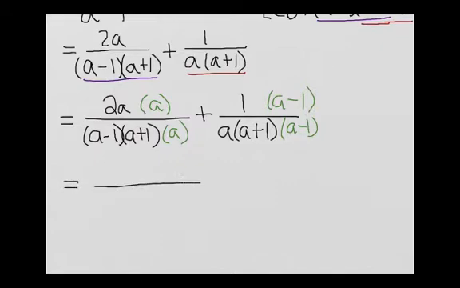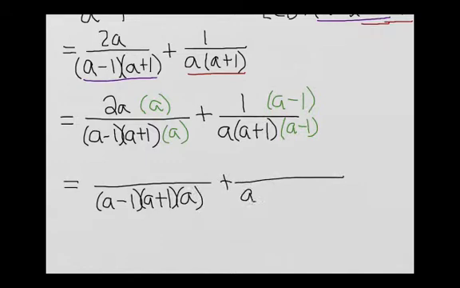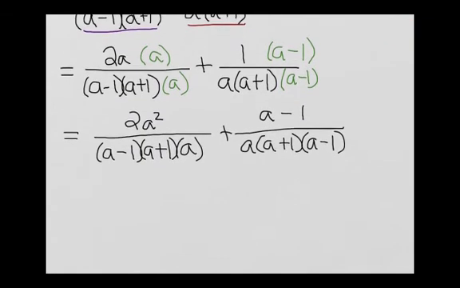When we continue to the next step, we're going to leave our denominators in factored form, because that's going to help us on the last step to be able to simplify. So we'll just go ahead and rewrite both of those denominators, and we'll multiply out the numerators. 2a times a is going to be 2a squared, and 1 times a minus 1 is going to be a minus 1.